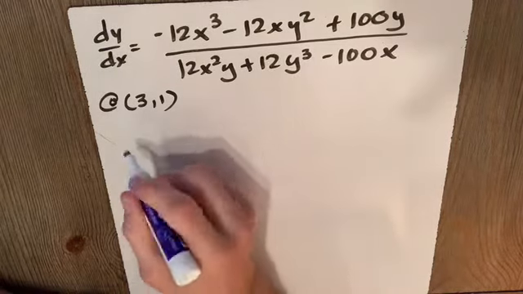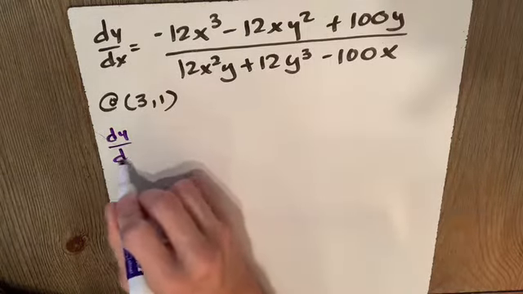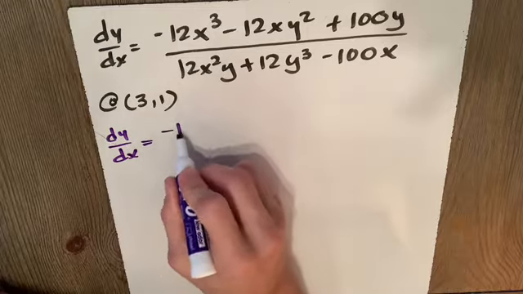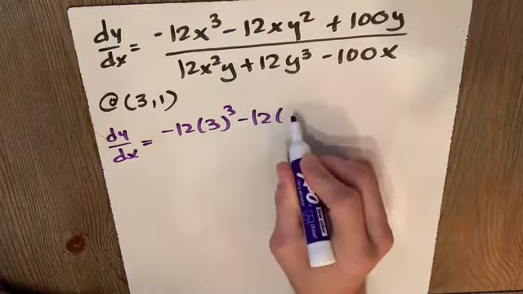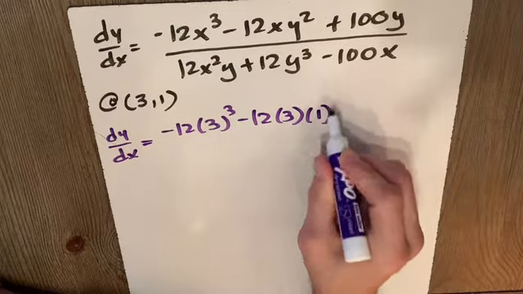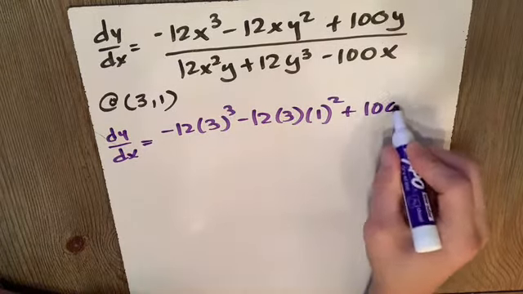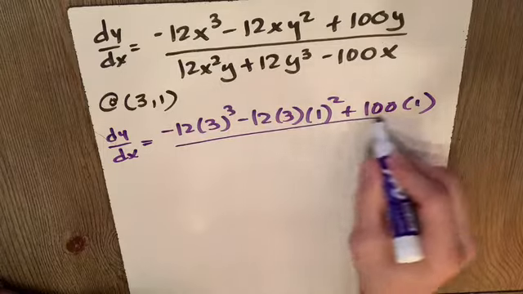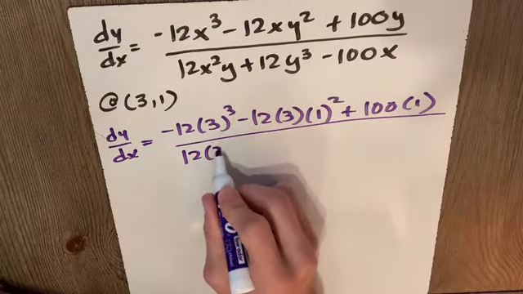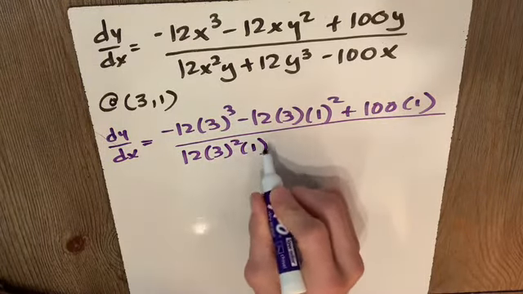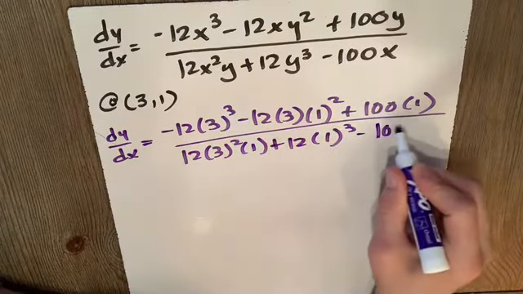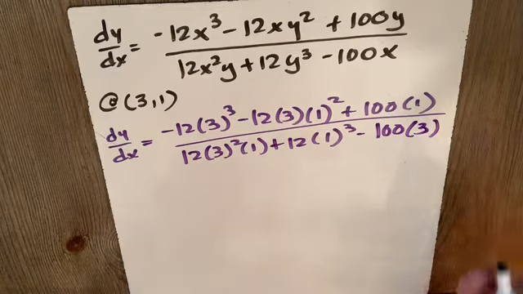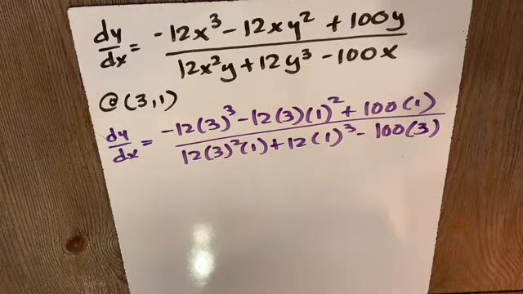So at 3, 1, our dy dx will be negative 12 times 3 cubed minus 12 times 3 times 1 squared plus 100 times 1, all over 12 times 3 squared times 1 plus 12 times 1 cubed minus 100 times 3. All I did was every time I saw an x, I substituted in 3.